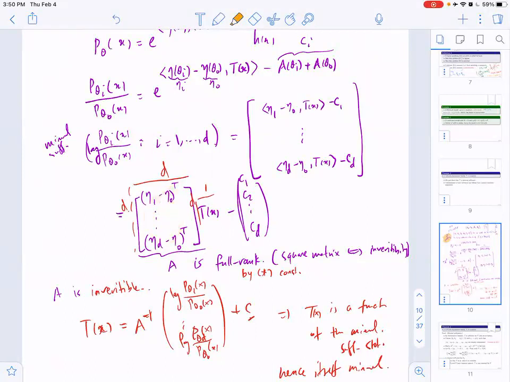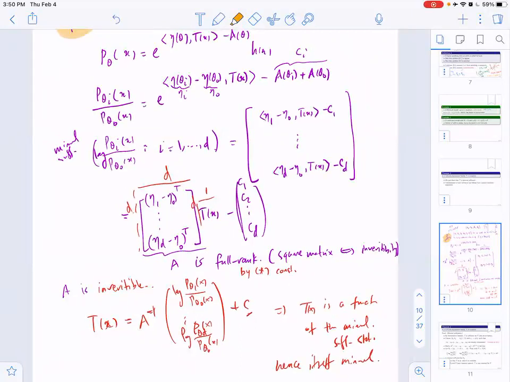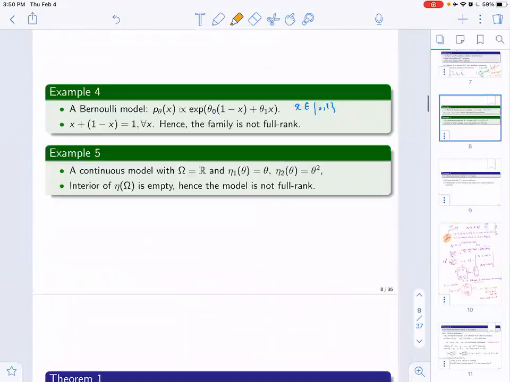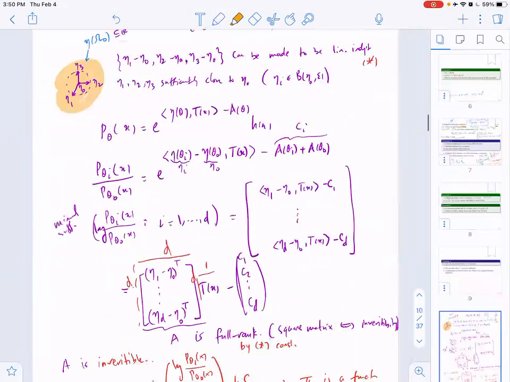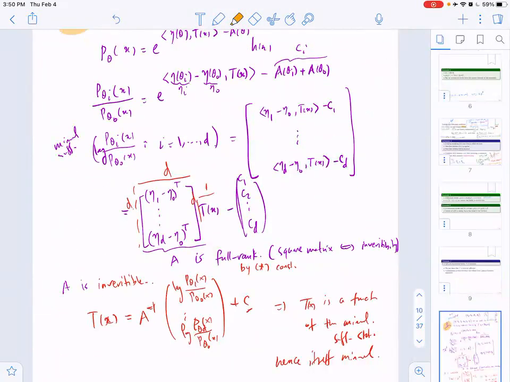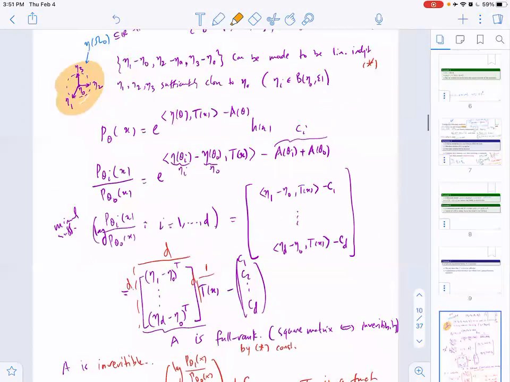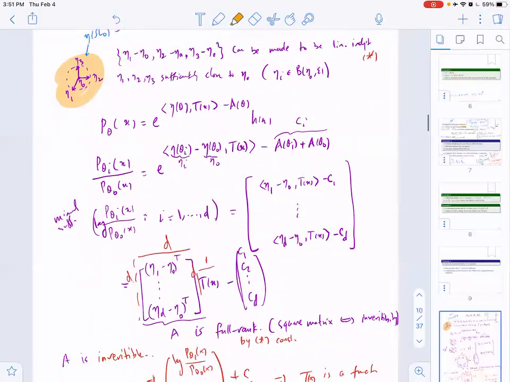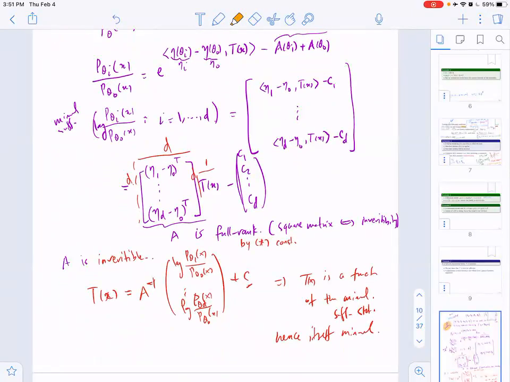And you can see that if we couldn't find these, then there might be some issues. You might be able to simplify further T of x. So that's the condition, as I mentioned, the E1 condition. If that E1 is violated, then you might be able to find something smaller than T(x) that's in one-to-one correspondence with this. But if the parameter space has the property that there is at least one point in the interior, then this conclusion follows.